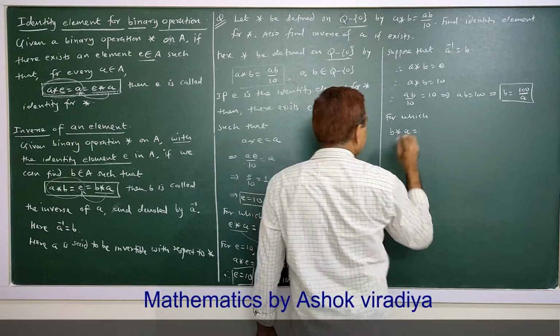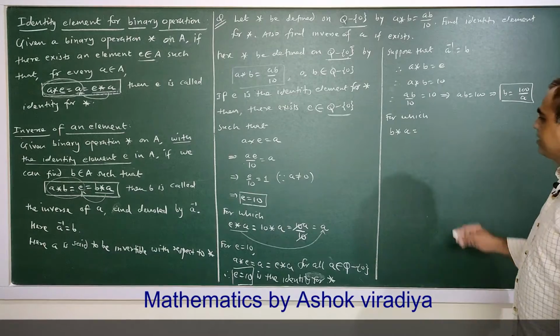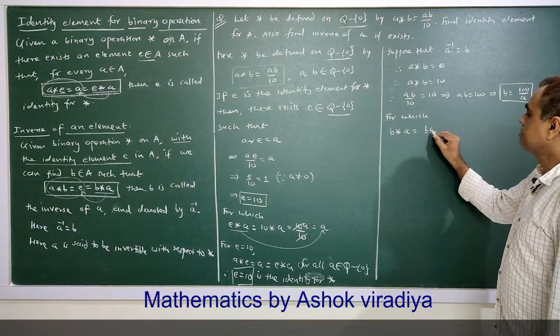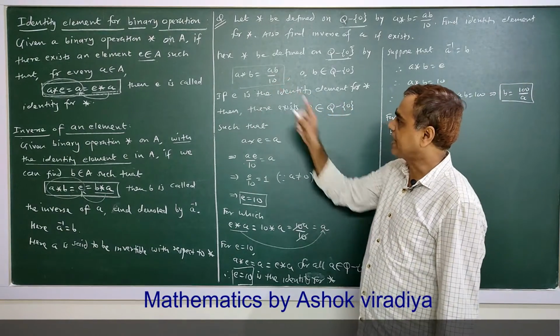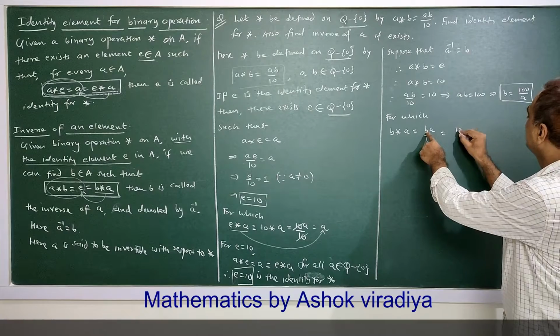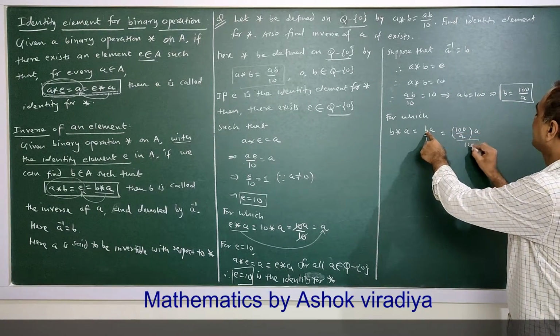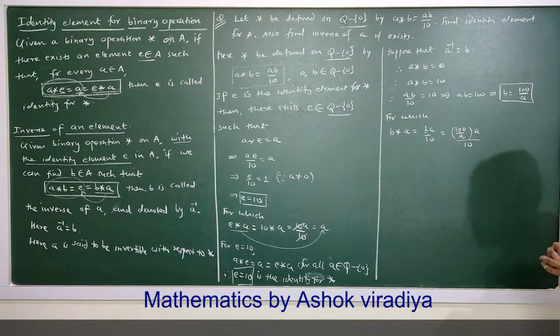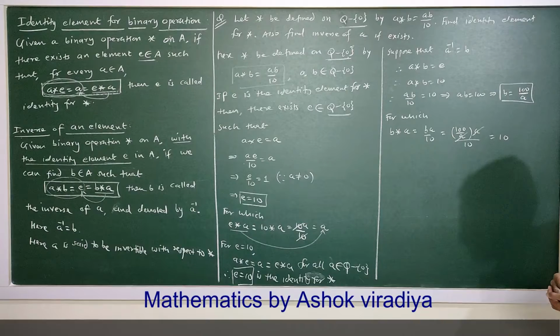B star A is BA by 10. Now here we put the value of B. So the value of B is 100 upon A into A upon 10. See, A is cancelled. So what is it? 10.